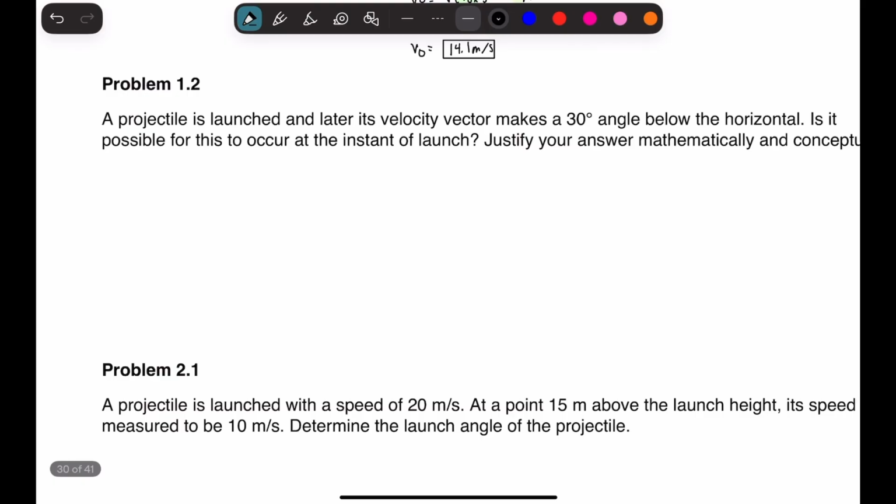A projectile is launched. At one point, its velocity vector makes a 30-degree angle below the horizontal. Is it possible for this to occur at the launch point? Explain mathematically. So we know that at launch, the velocity vector can be represented as v initial cosine theta, v initial sine theta. And we know that for a downward angle, vy is going to be negative.